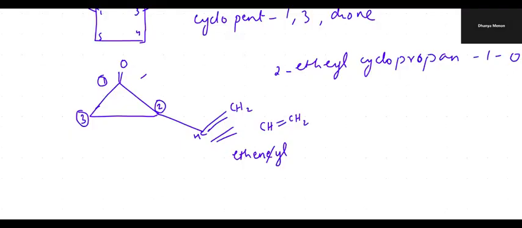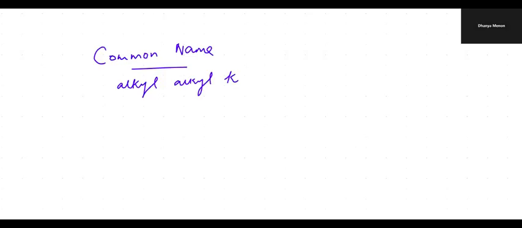Now, moving on further with some common names. Sometimes common names are also important. The common name is alkyl alkyl ketone, because there is an alkyl group on either side. Maybe the same alkyl, maybe different alkyl. For example, I have CH3COCH3.